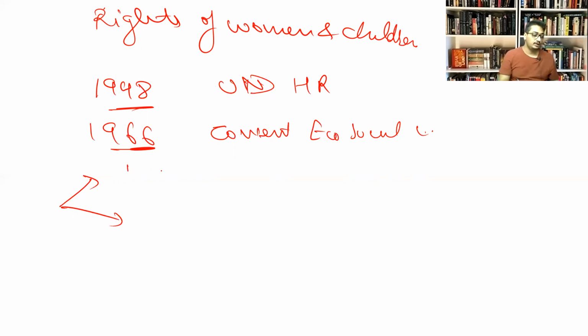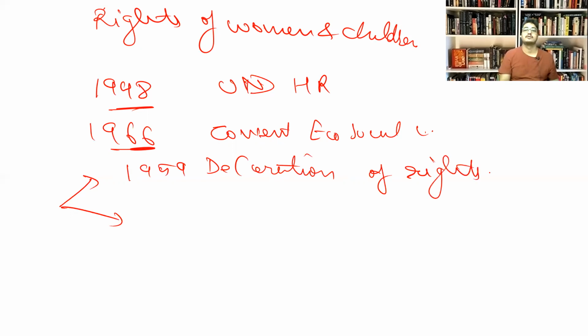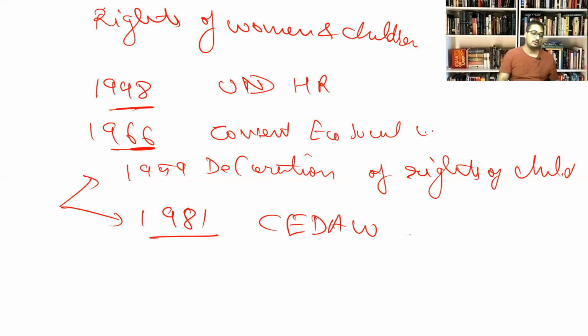So in 1959, the Declaration of Rights of Child was there. And in 1981, we had CEDAW. CEDAW means Convention on Elimination of All Forms of Discrimination Against Women.